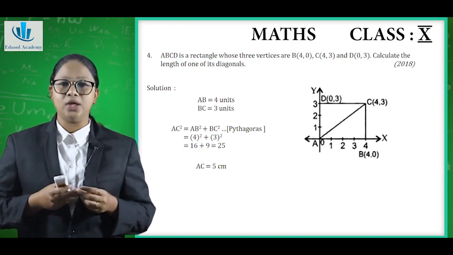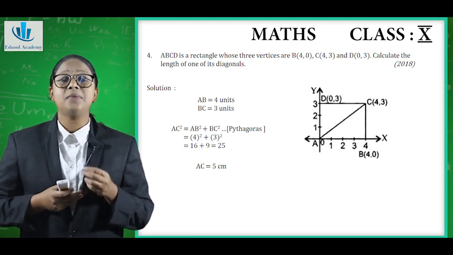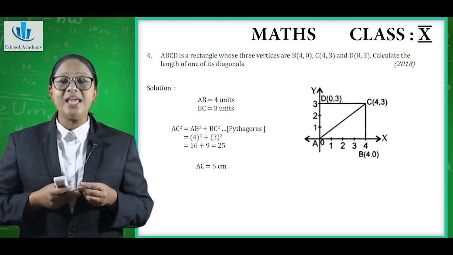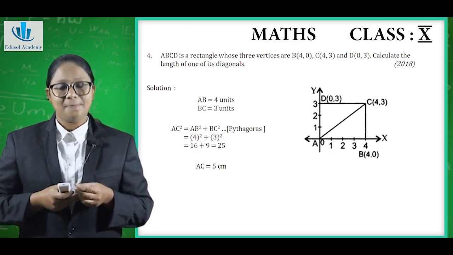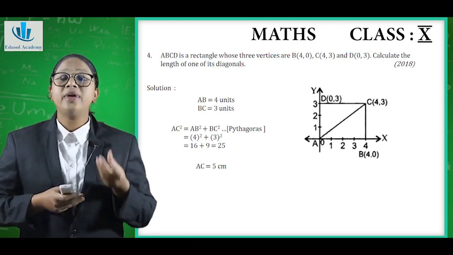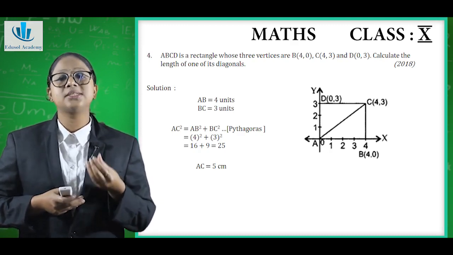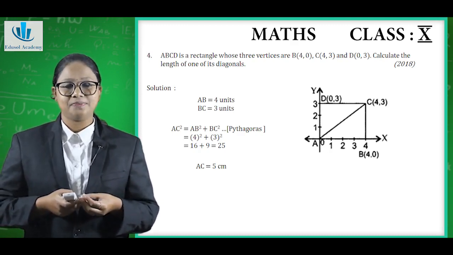BC is 3 units. Therefore, using Pythagoras theorem in triangle ABC, we can write AC square is equal to AB square plus BC square, and upon applying the values, we can find that AC square is equal to 25, or AC is equal to 5 centimeter.